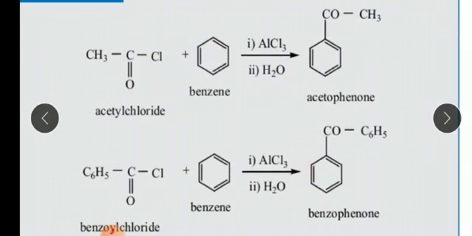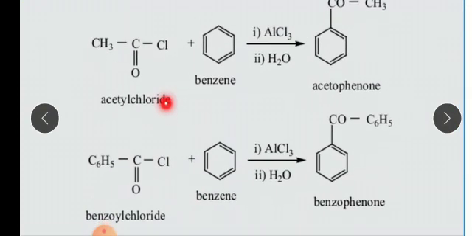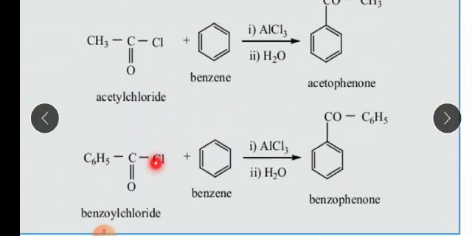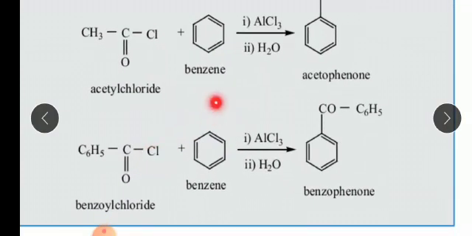As a byproduct HCl, this is known as acetophenone. With one more compound instead of CH3COCl, we can prepare the benzophenone compound also. This is benzoyl chloride, C6H5COCl. So this is acetyl chloride, this is benzoyl chloride. In presence of benzene, here also one hydrogen, this hydrogen as well as Cl is removed as HCl, and COC6H5 will be replaced here.